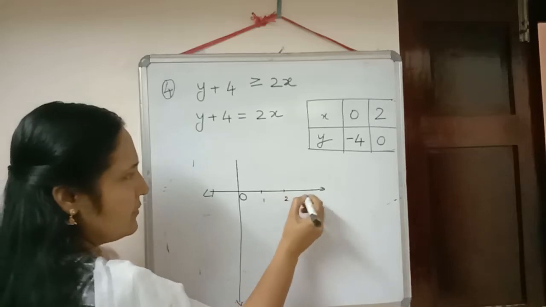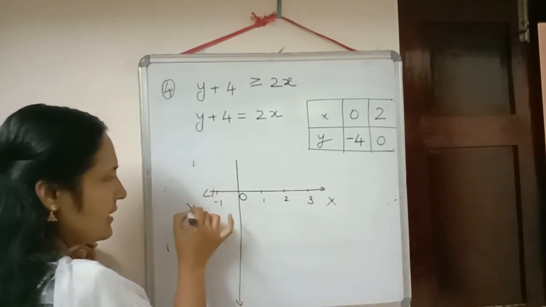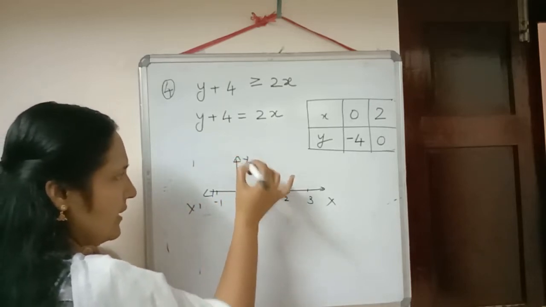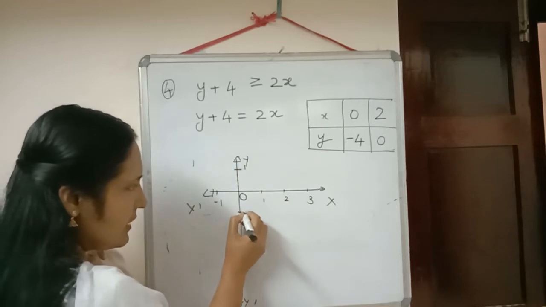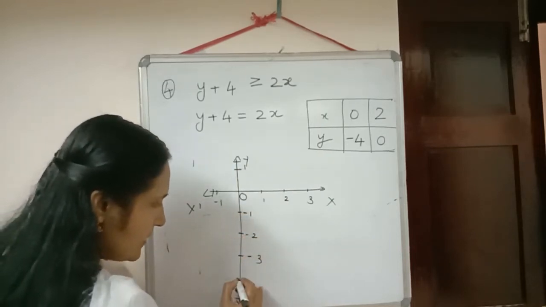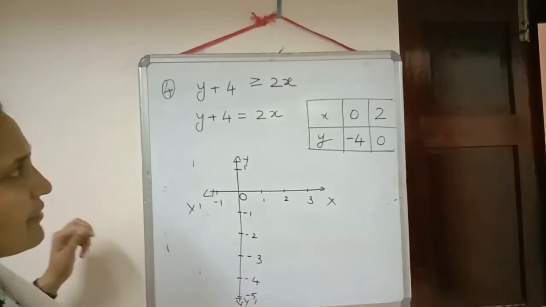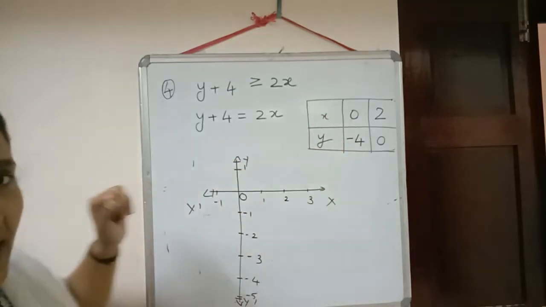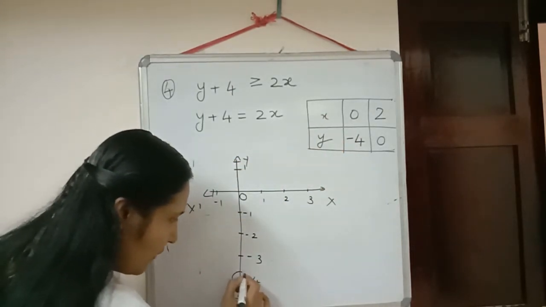1, 2, 3. X, here minus 1 you can mention, and then x dash. Here y dash. Here 1 we can mark. Here we have minus 1, minus 2, minus 3, minus 4, minus 5. Now our point is 0, minus 4. 0, minus 4 will be on the y axis.